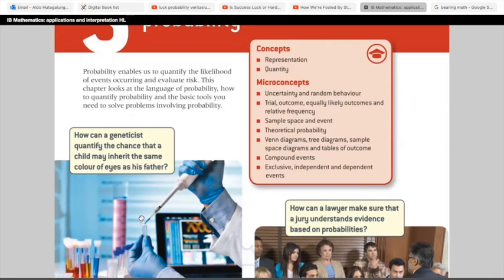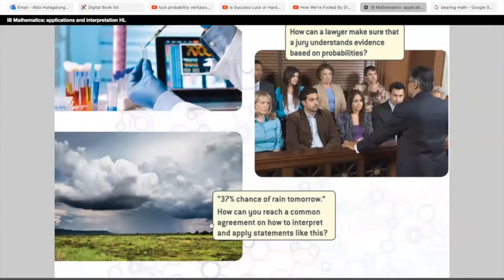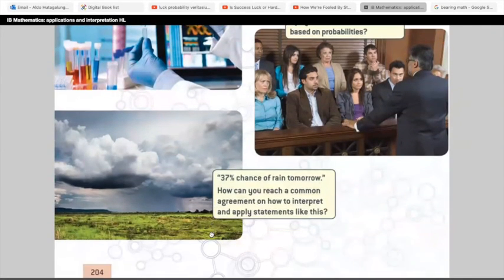Or how can a lawyer make sure that a jury understands evidence based on probabilities? For example, if there is a statement like 37% chance of rain tomorrow, how can you reach a common agreement on how to interpret and apply statements like this?